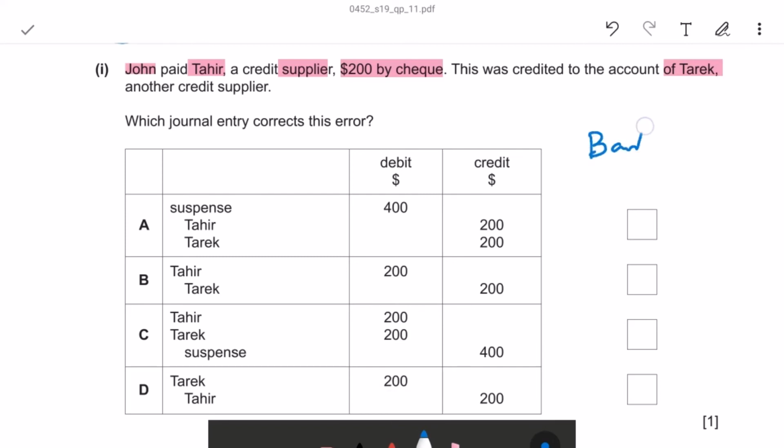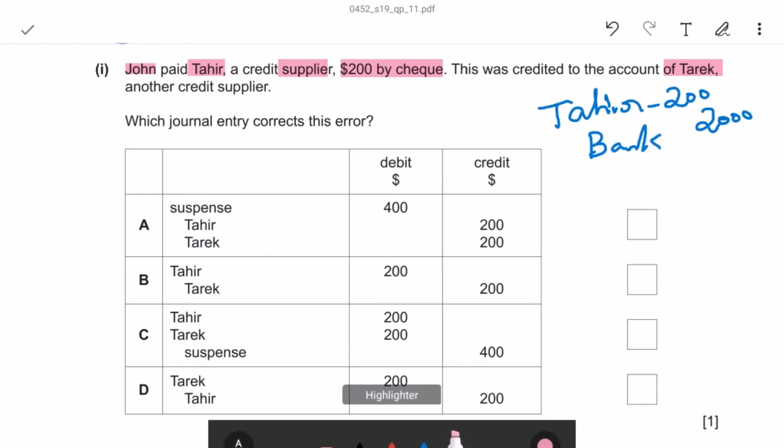bank. The debit transaction is Tahir, 200. But by mistake, instead of entering Tahir on the debit side, they entered it on the credit side, credited to Tariq. So here, the business has made two mistakes.